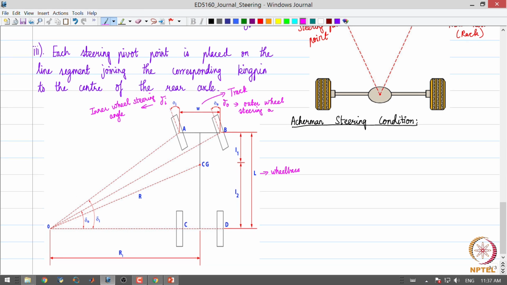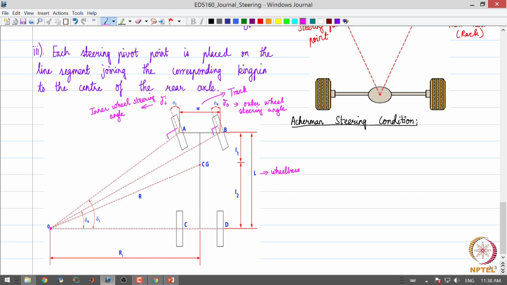We draw lines perpendicular to the wheel planes, that is along the axes of the wheels. Let us say those lines intersect at the same point with the line projected from the rear axle axis.